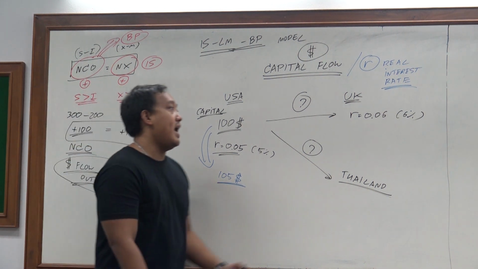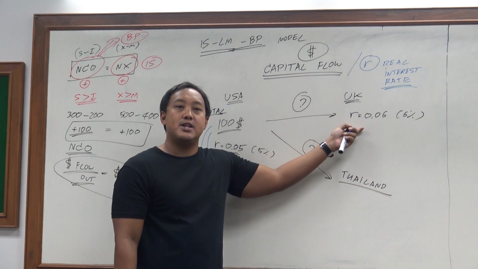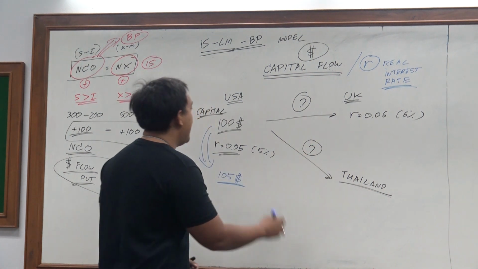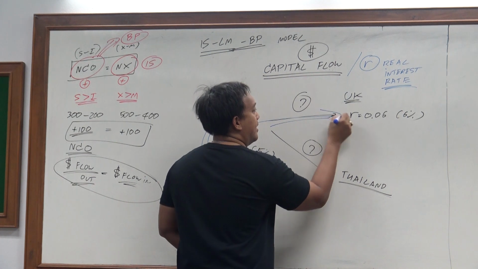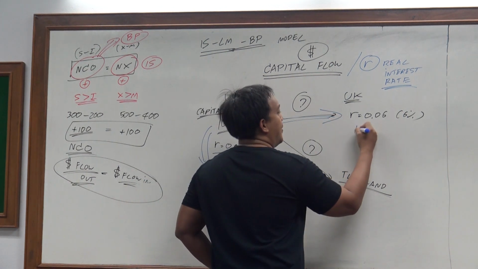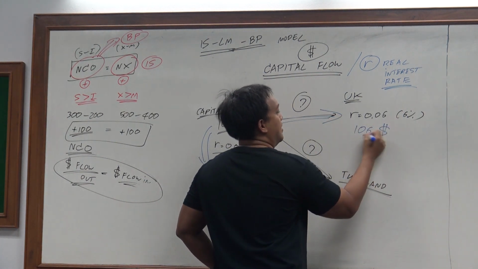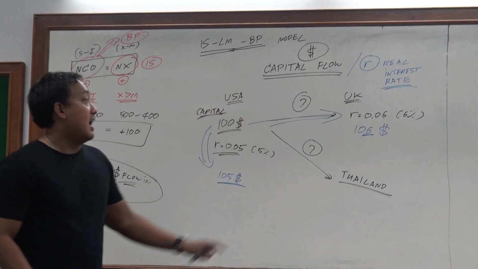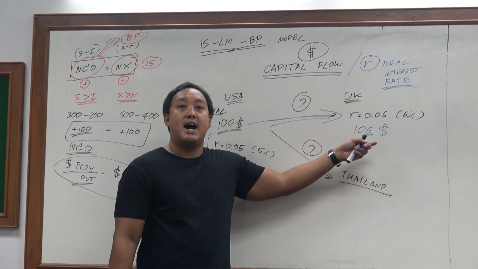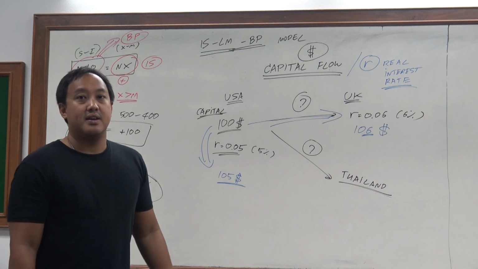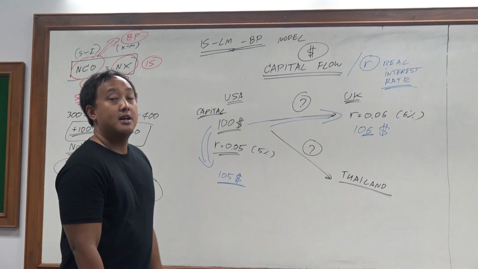On the other hand, for the UK, United Kingdom, the real interest rate equals 6%. It means that if you decide to move your money to UK, by the end of the year you will get $106 million. Higher return, right? You see that? Higher return.